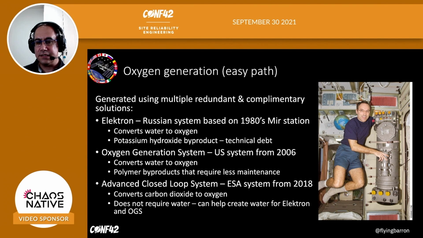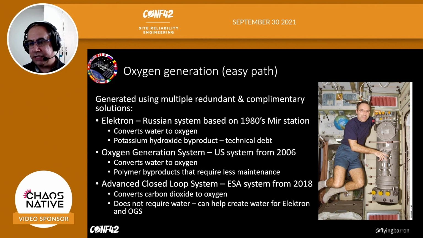And a new system from 2018 uses a completely different solution, converting carbon dioxide to oxygen. And not only that, it can also create more water for the Elektron and the oxygen generation system.